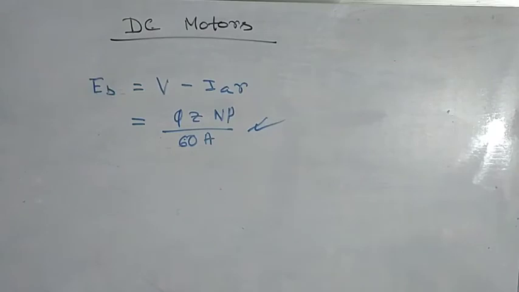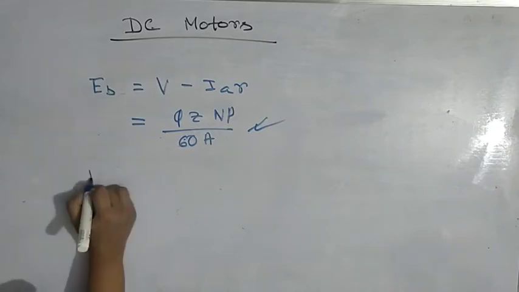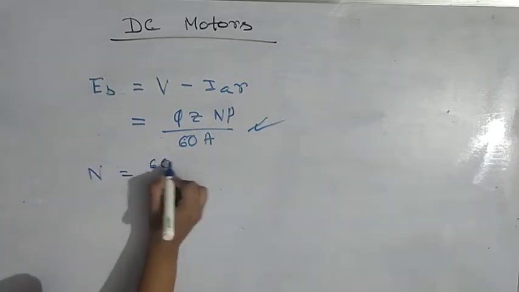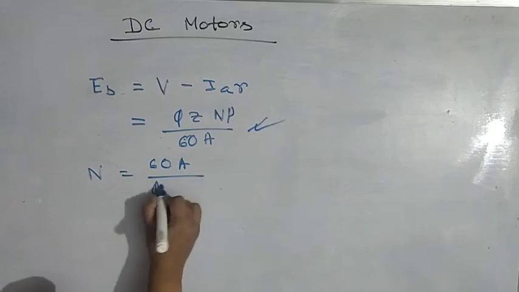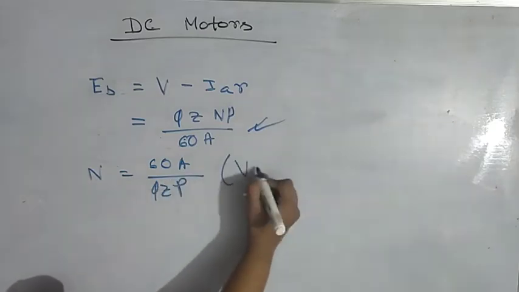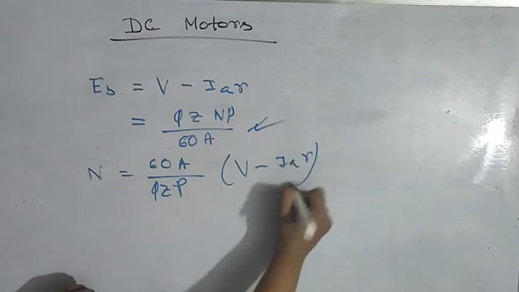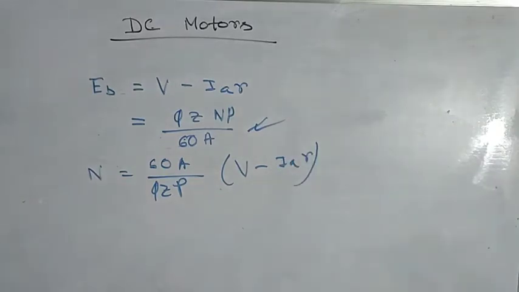Here R is the resistance of the armature winding in case of a shunt motor, and R is the resistance of armature and series field winding in case of a series motor. Therefore N is equal to 60A by Φ Z P times (V minus Ia R). Now this shows that the speed of a DC motor is inversely proportional to field flux.